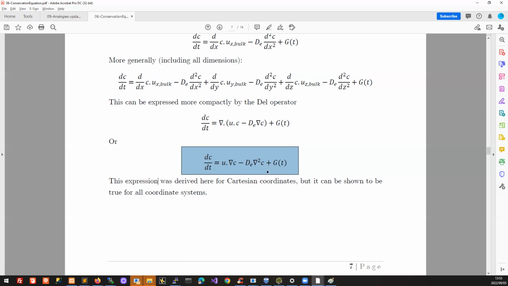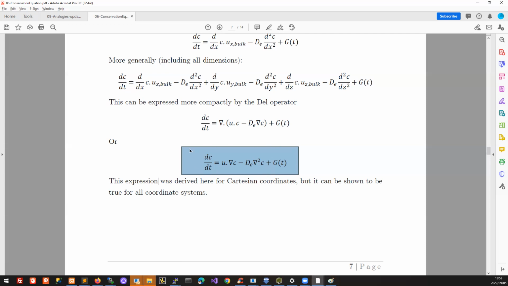So whether it's rectangular, spherical, cylindrical, or you could define any weird, or well, not weird, but you can define any coordinate system that you want. And as long as you work out the relationship between that coordinate system, you can then define these operators for that other coordinate system.